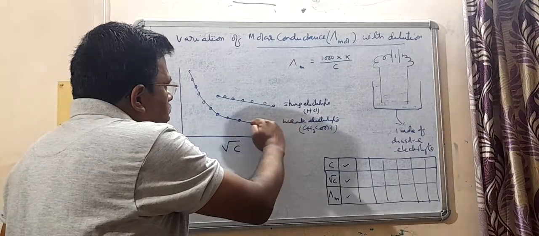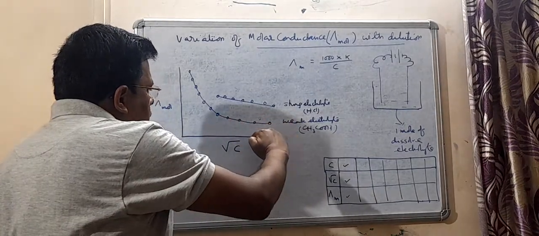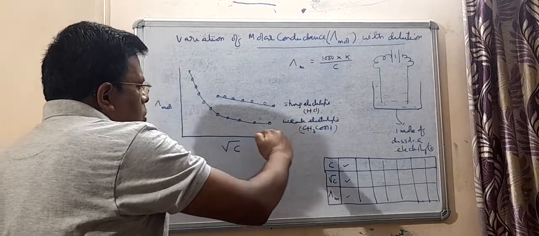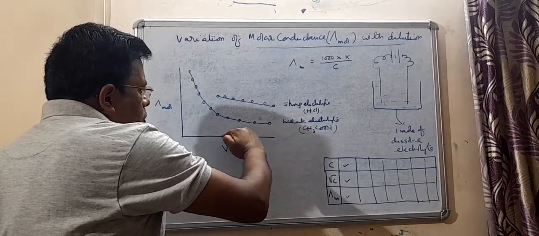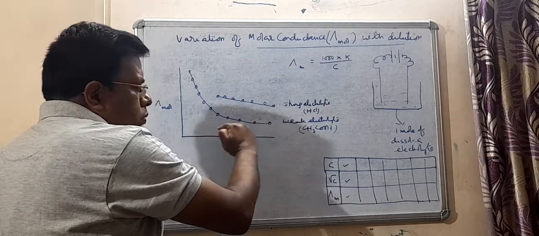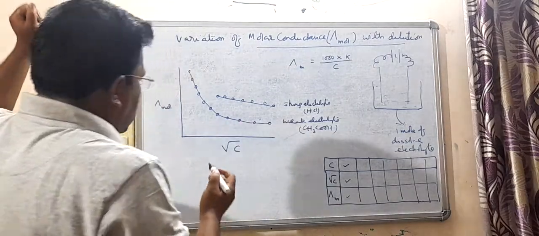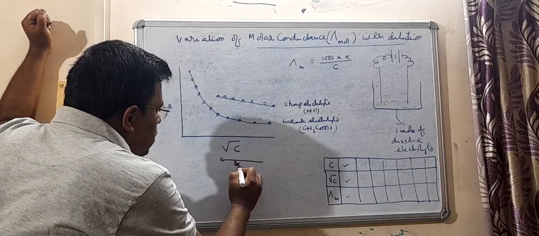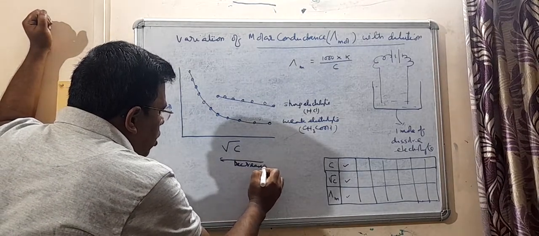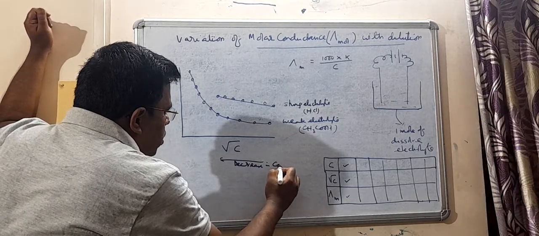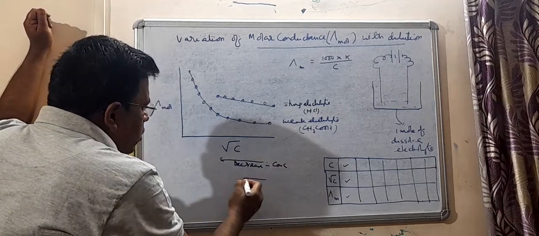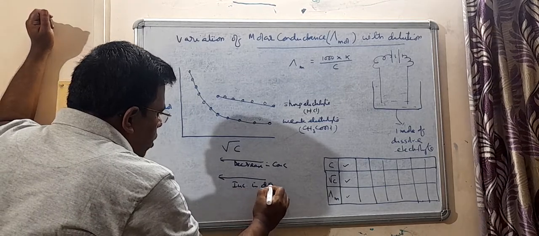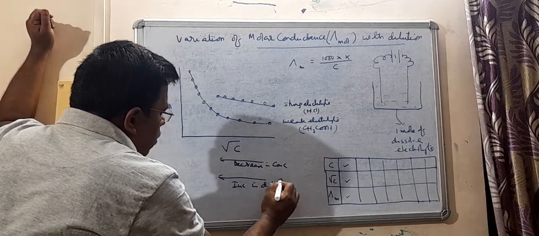So we are going from this side because this is decrease in concentration, or this is also increase in dilution. So I can write here, on this side there is decrease in concentration, and on this side it is increase in dilution.